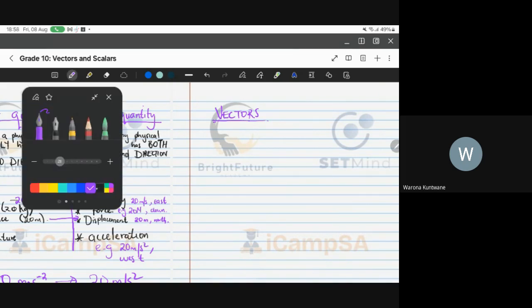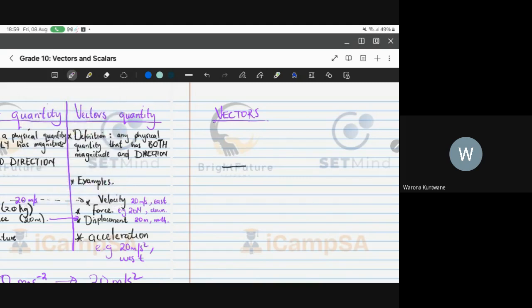So typically what we would do is we represent a vector as an arrow, like this, a simple arrow.